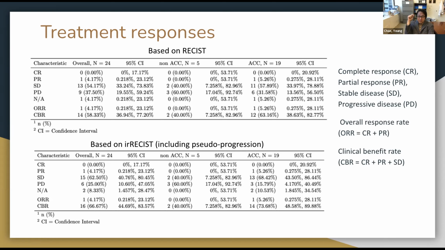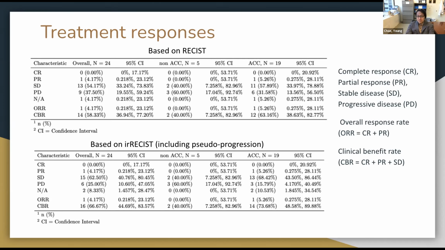See if they are pseudo progression. Study the definition of pseudo progression. As you know, it's initially progression, but over time they come back to stable disease. And iRECIST definition and RECIST definition is different. So you should be able to describe all these 3 different cases, which will be very unique to this paper.